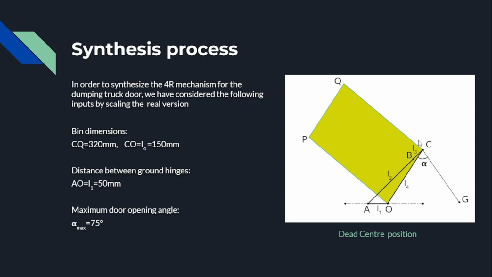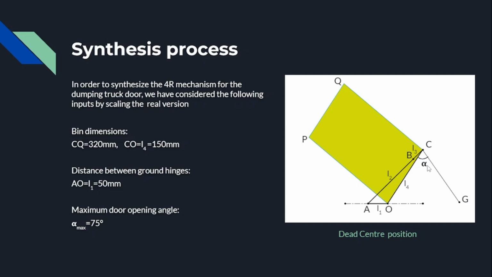The values that we have assumed are the dimensions of the bin, which is CO, and the fourth link, 150 millimeter, CQ, which is 320 millimeter, and the distance between the ground hinges A and O, which acts as the first link L1, and that is 50 millimeter. As you can see here, this is the angle created by the door with the bin, which is alpha at any intermediate position, and the maximum value that we have assumed for alpha is 75 degrees.